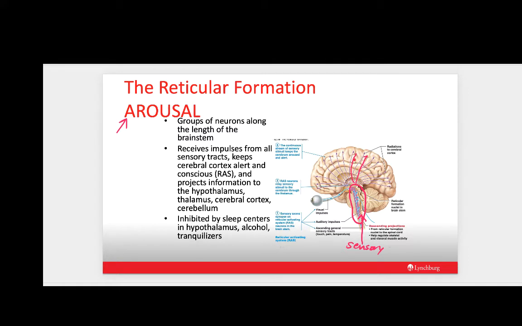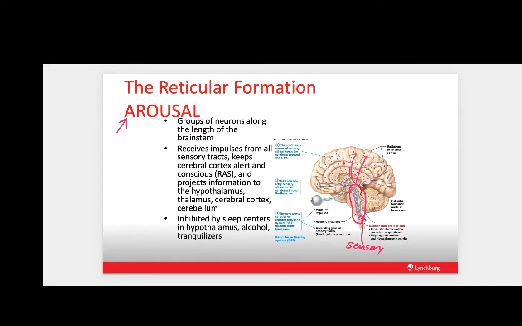And this is the reason why some people, if you have friends or know other students who can study in very busy coffee shops, they tend to like that because of the arousal. It kind of maintains this level of arousal of their cerebral cortex. Other people would just find it distracting.